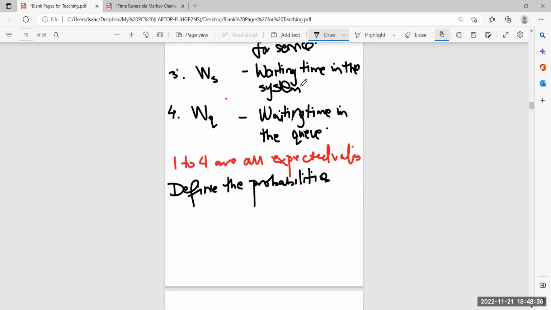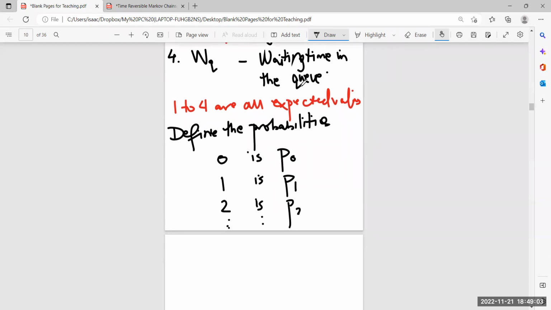And the probabilities are going to be defined as follows. The probability that you have 0 persons in the queue is P0. The probability that you have 1 person in the queue is P1. 2 persons is P2, etc. So that means that if you have n persons in the queue, this would be Pn.